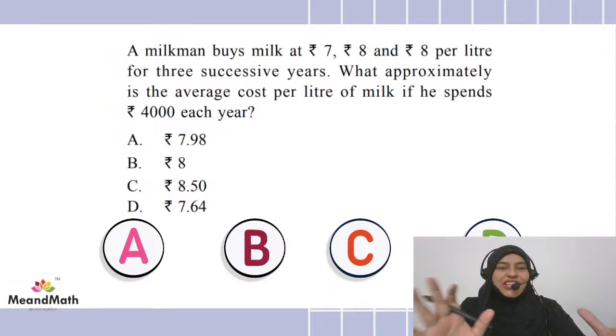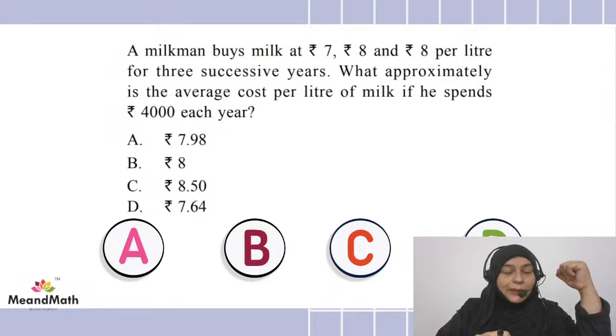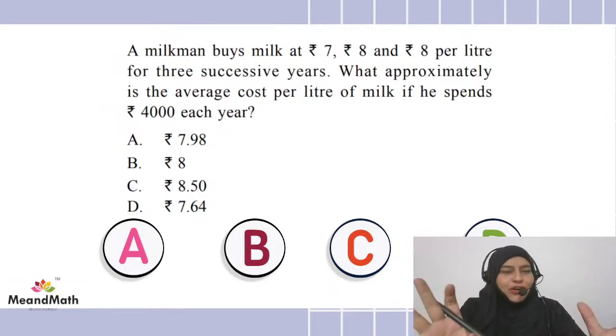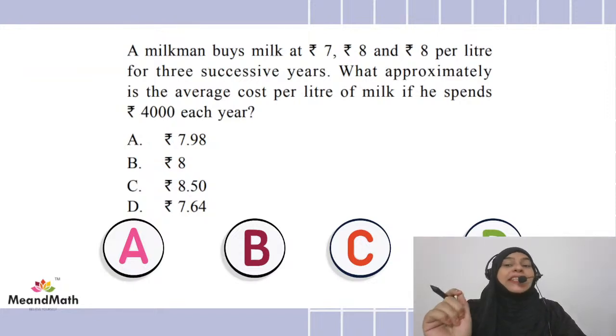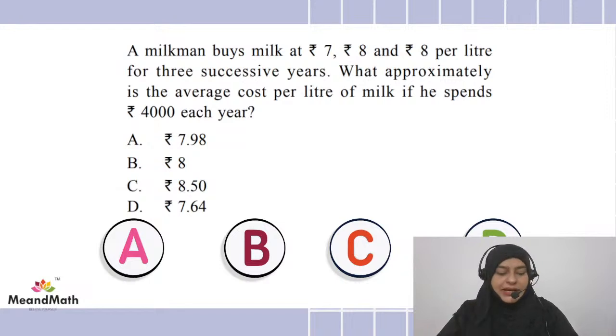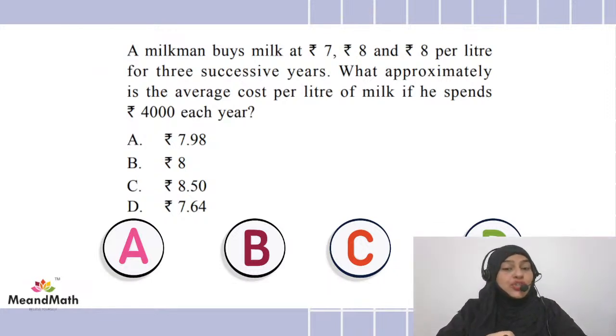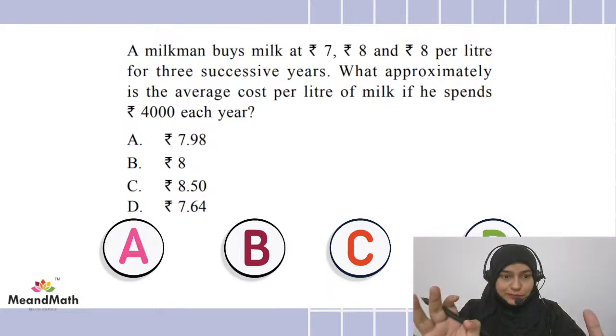So my dear students, this is your first question. Okay, so here it looks typical, but it is not. So let's start to solve it. They are saying a milkman buys milk at rupees 7, rupees 8 and rupees 8 per liter for three successive years. What approximately is the average cost per liter of milk if he spent 4,000 rupees each year?